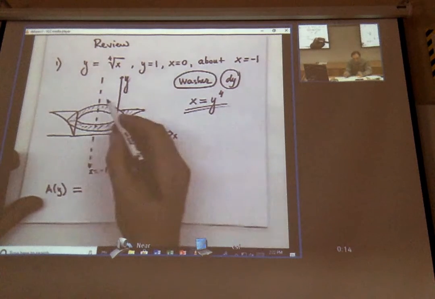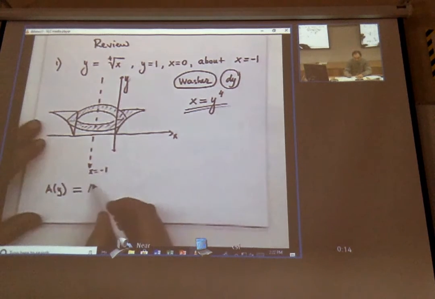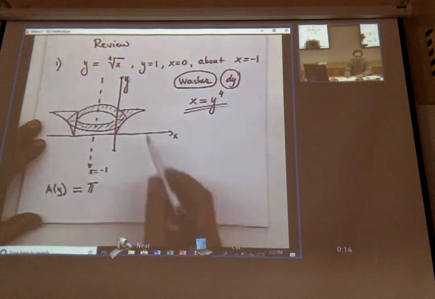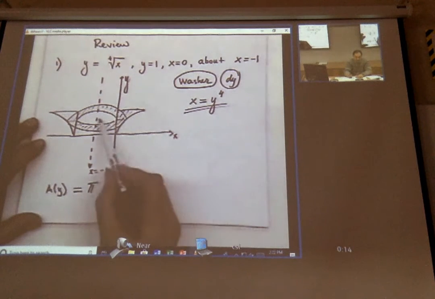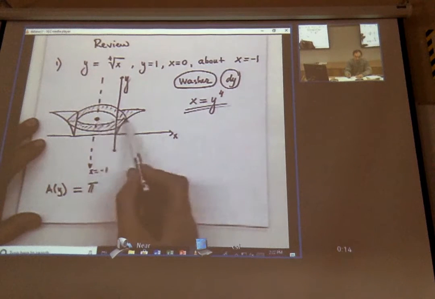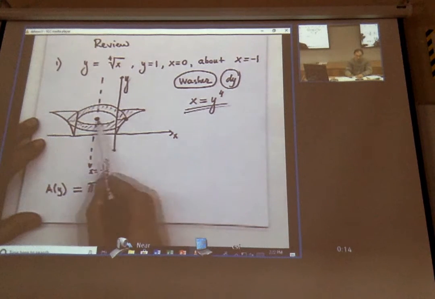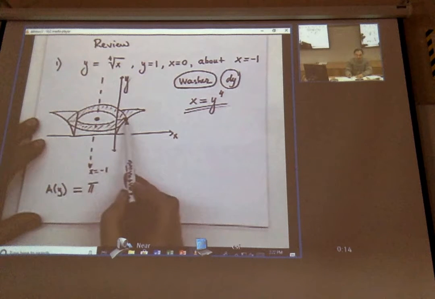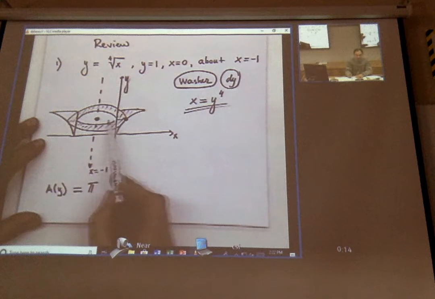So if I'm looking for the area of the largest circle, I need the radius. And radius always goes from the axis of rotation to the original picture. So what's the distance from here to right here? 1. So 1, right? And plus what? Y to the 4.